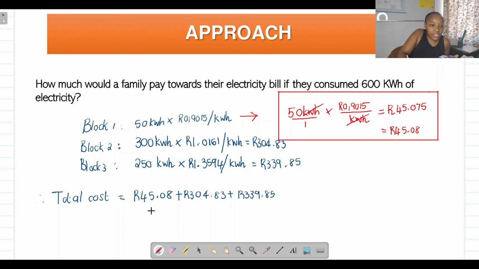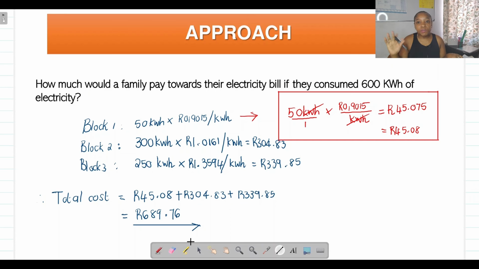Okay, if you punch this into your calculator, you'll find that the total cost excluding VAT is equal to 689.76. Okay, so that is the total cost that this family will need to pay excluding VAT.